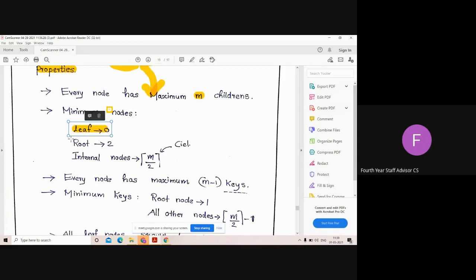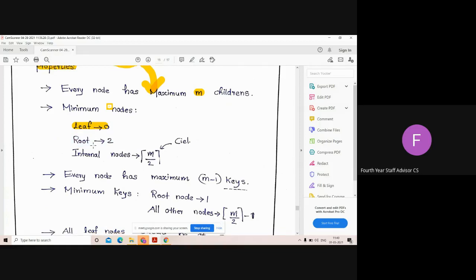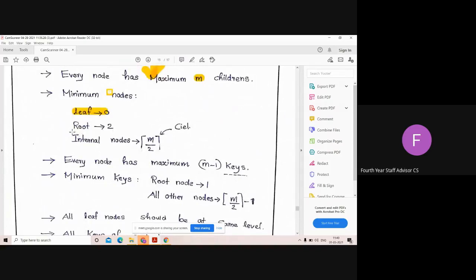Next, what is a root node? A root node should have 2 child nodes. Then what about the internal nodes? At least ceil of m by 2 child nodes are necessary, and we use the ceil function.